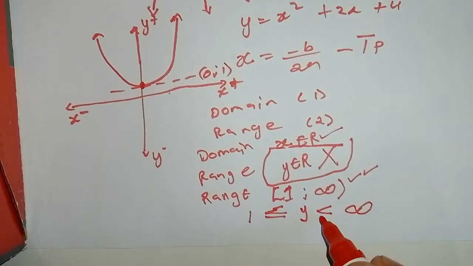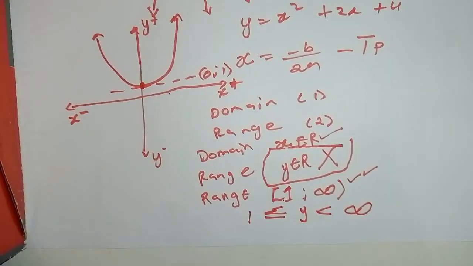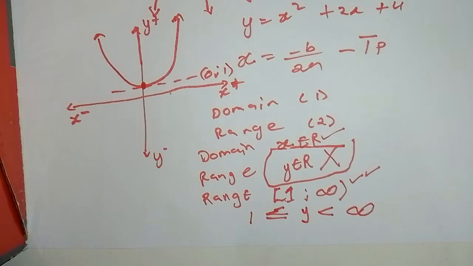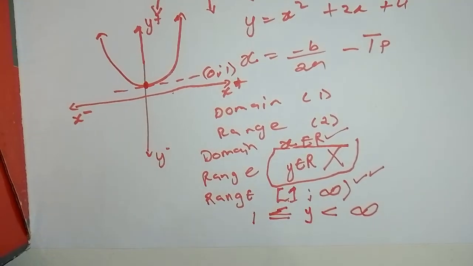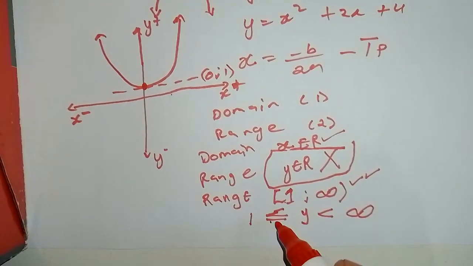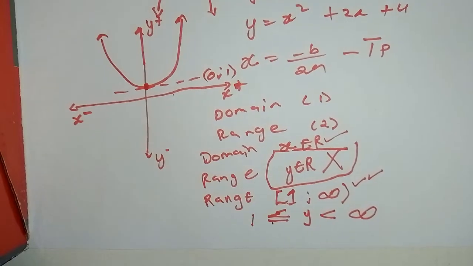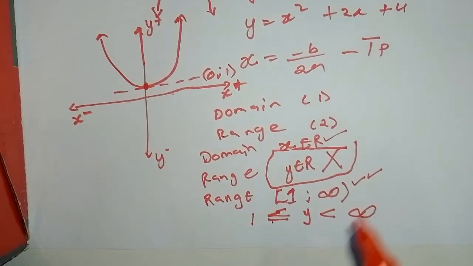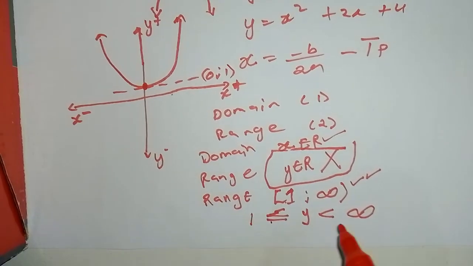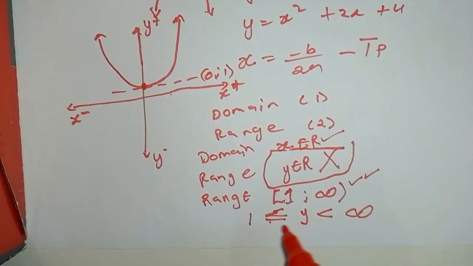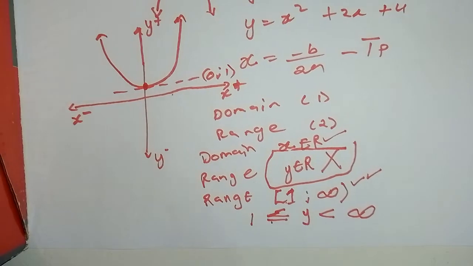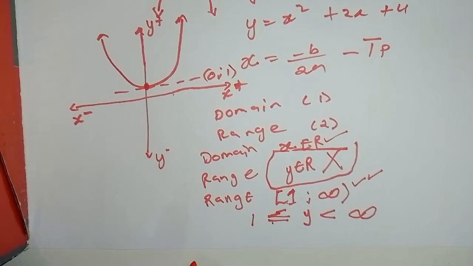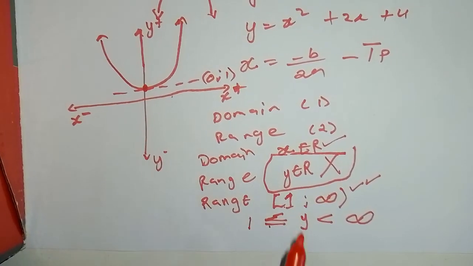Why can't I say less than or equal to? It will never touch infinity. The equal sign is included when the graph touches that point, and my graph will never touch infinity. So that is why I have 1 less than or equal to y less than infinity. I hope you understand.